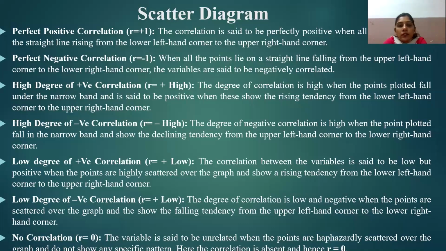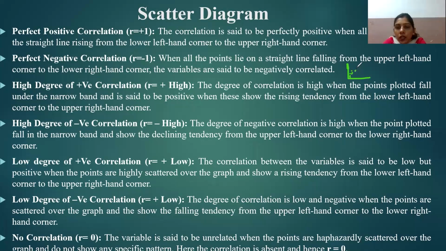Then, by plotting data on the x-axis and y-axis, we get dots, or you can say points on the graph, which are generally scattered, and hence the name scatter plot.